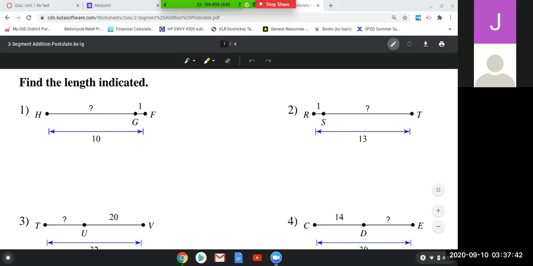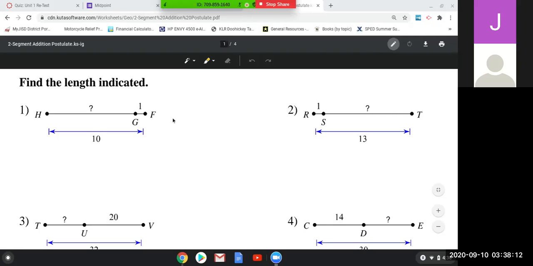Let's think of it as if you were taking a drive, driving your car from this point right here to this destination. And you know that the entire trip is going to be a 10-mile trip. You left your house, you drove about a mile, and you stopped for gas. How many more miles have you got to go until you get there? You've gone 1 mile out of 10, so you take that 1 mile out of the 10 and you're left with 9.